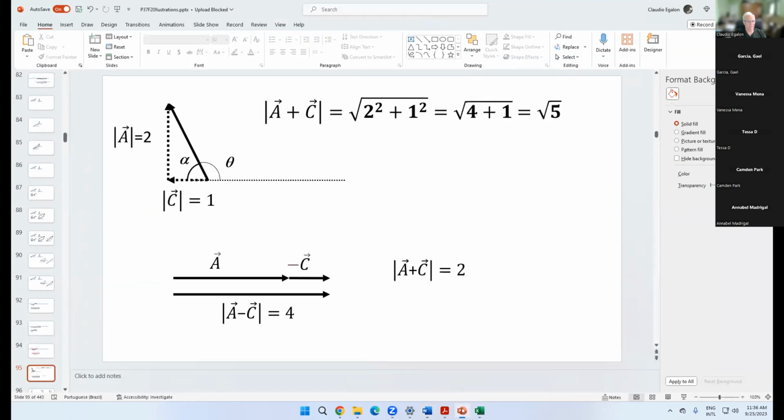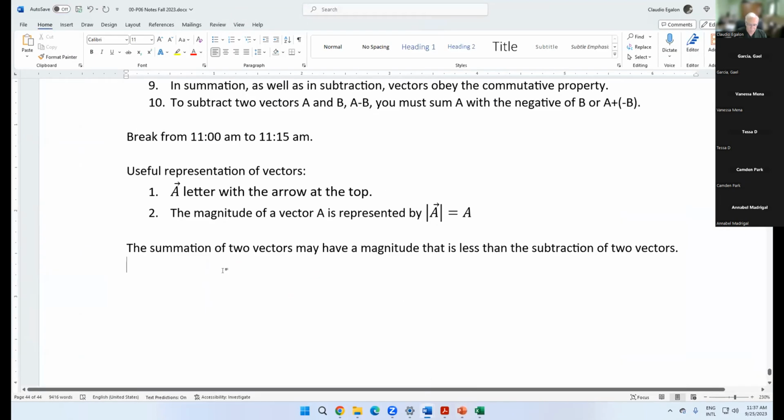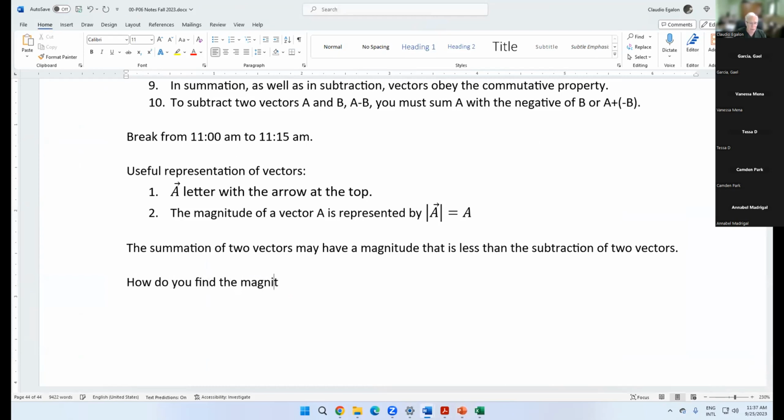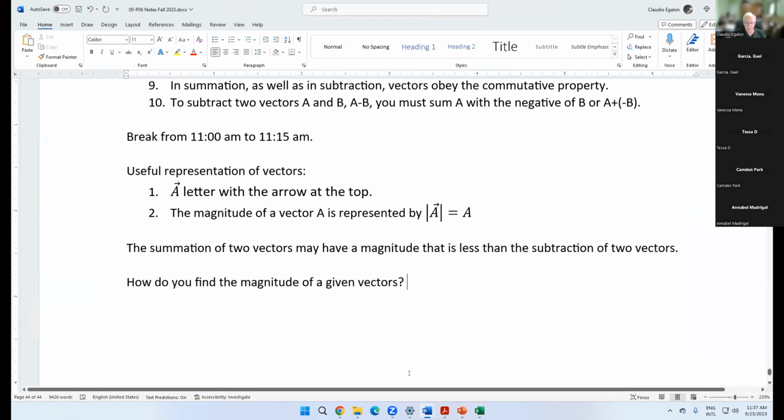How do you find the magnitude of a given vector, right? Well, there are two techniques. That's what we're going to do next.